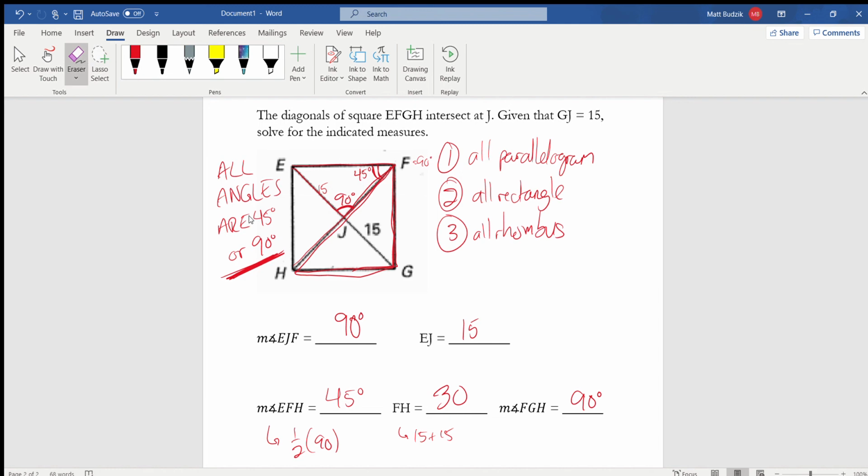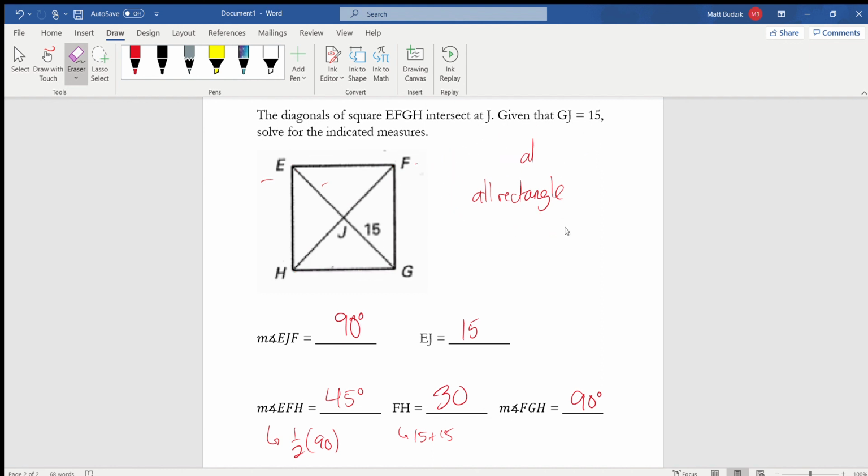What I want to do is kind of a quick little breakdown of the angles of a square. Just because I know that there's been a little bit of trouble with that. So angles of a square are always set.